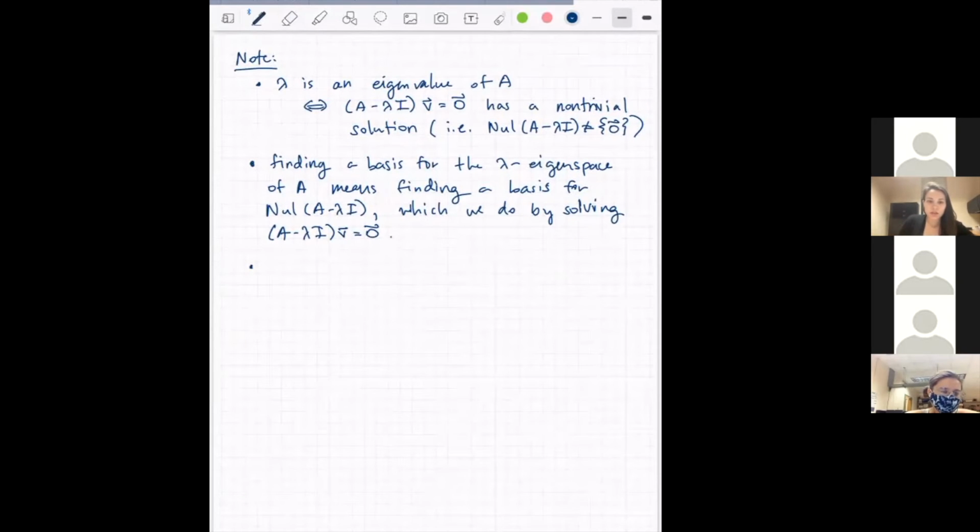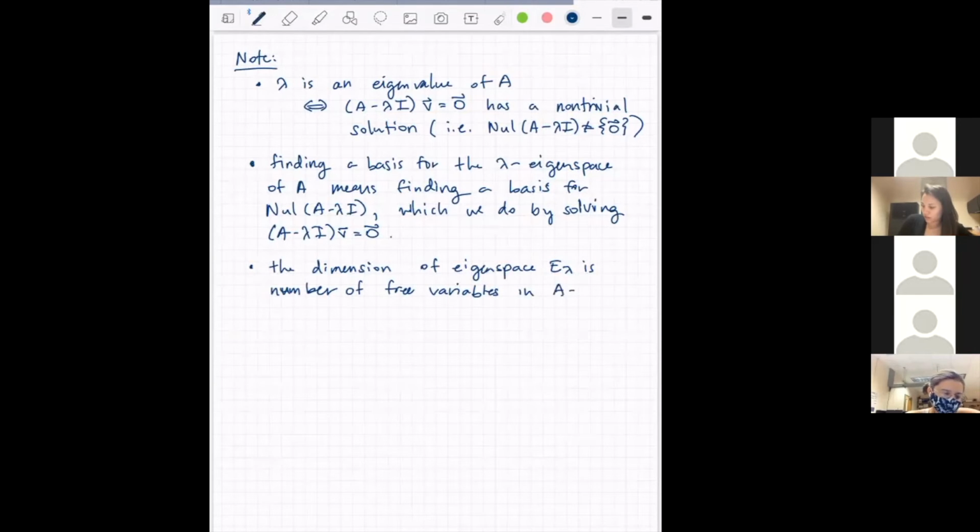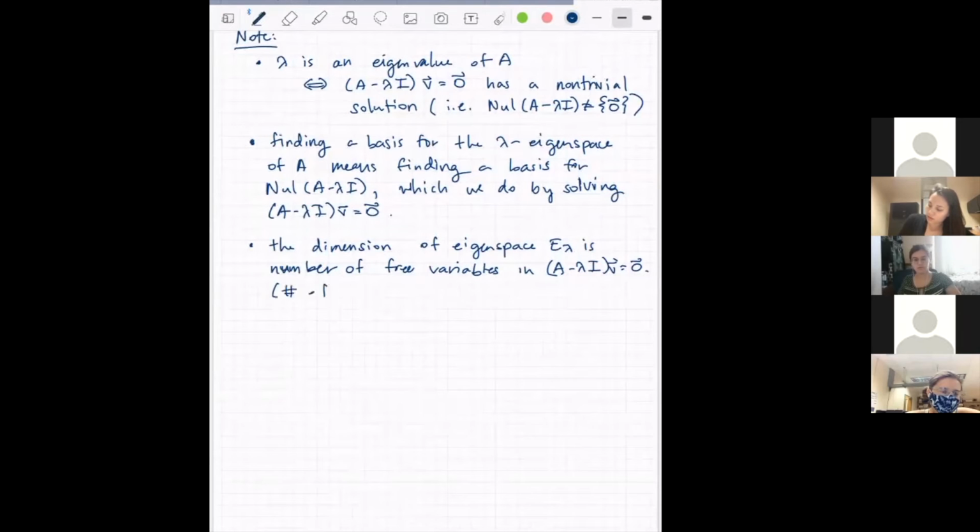And just like with the null space, the dimension of the eigenspace is going to be the number of free variables in the homogeneous equation, which is the number of non-pivot columns of A minus lambda I.